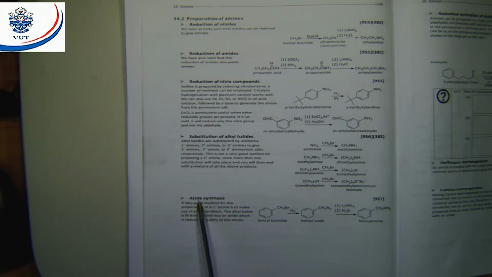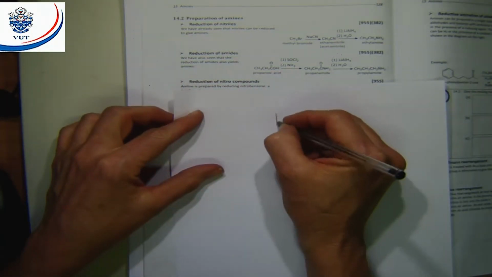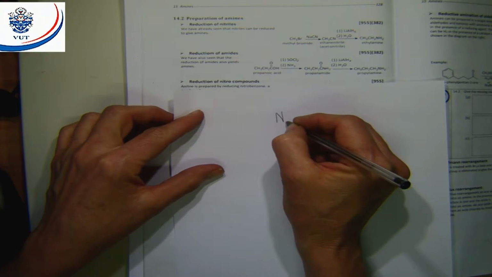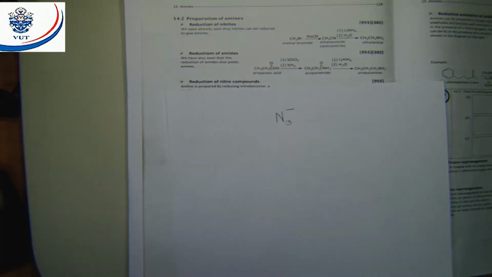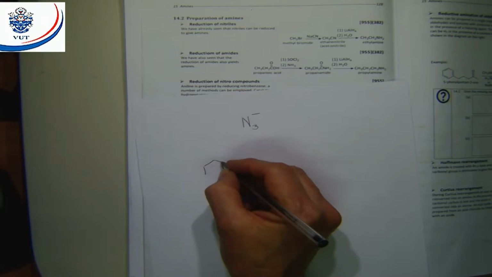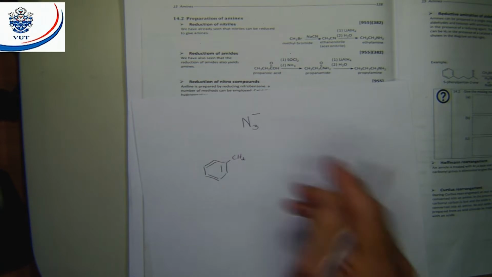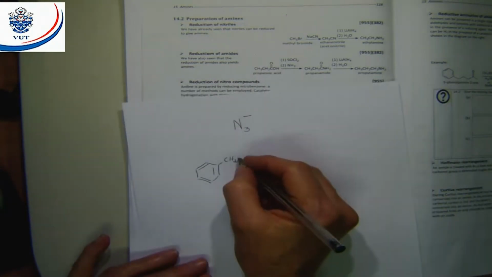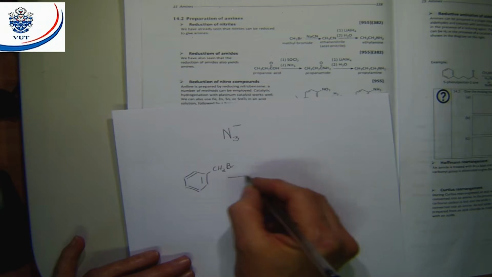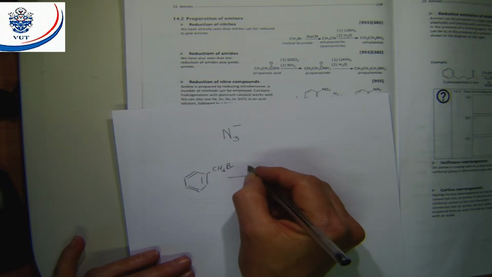Then we can make use of azide. Even in the case of the azide, it's going to be a reduction process. Azide is whenever you have the N3 minus particle present. Now, let's take the example you have there. If we have this benzyl bromide group, we can let it react with any azide.